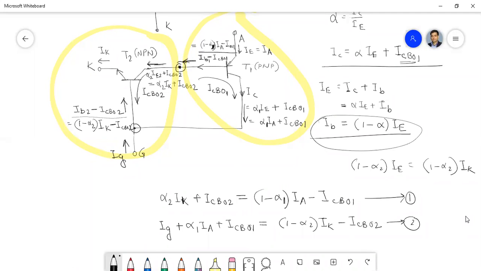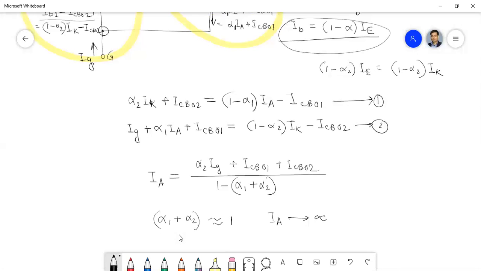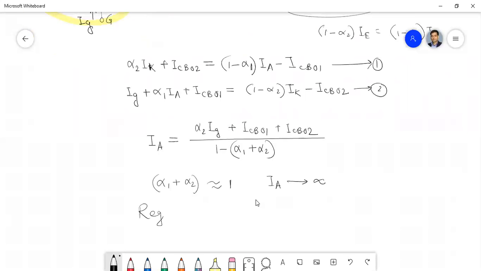So when the summation of these two values will be near to unity, as I have shown here, that means alpha of the NPN transistor plus alpha of the PNP transistor almost equals 1, then IA will be very high, and that is called the regeneration of SCR. This is called the regeneration of SCR.